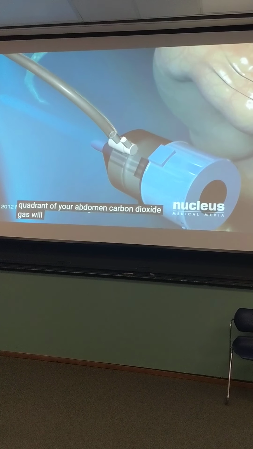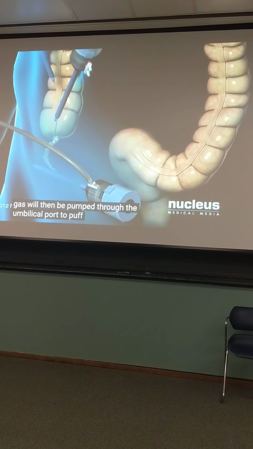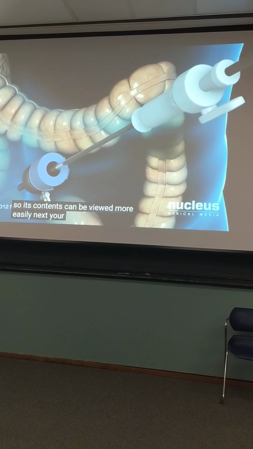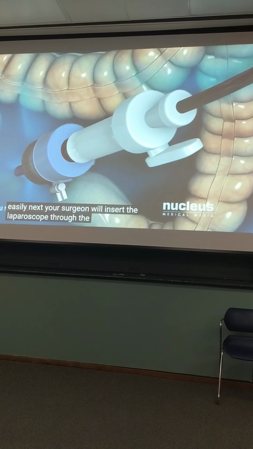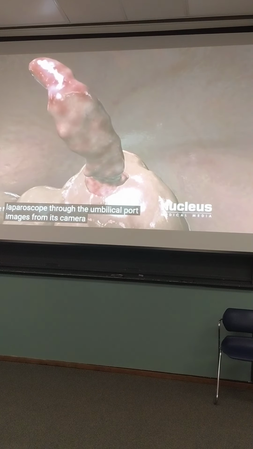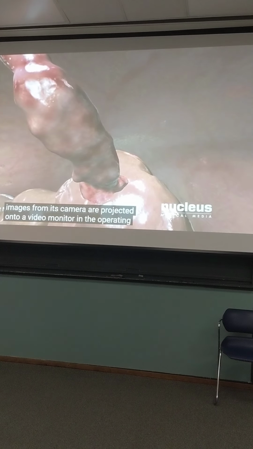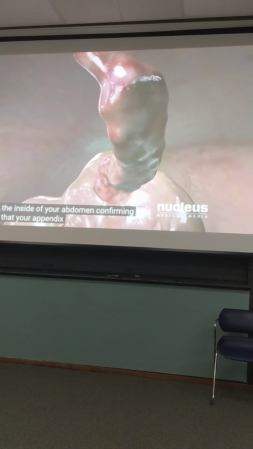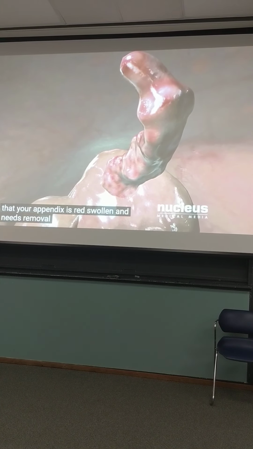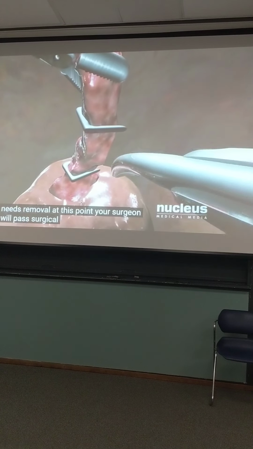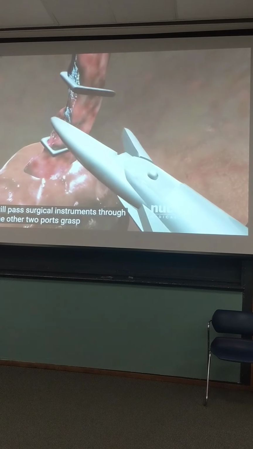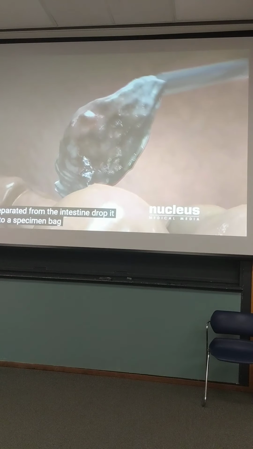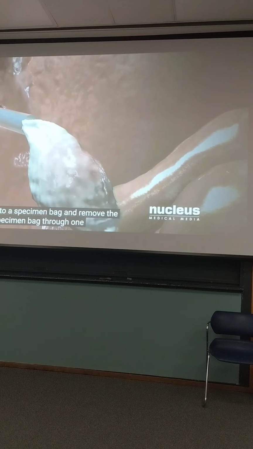Carbon dioxide gas will then be pumped through the umbilical port to puff up your abdomen so its contents can be viewed more easily. Next, your surgeon will insert the laparoscope through the umbilical port. Images from its camera are projected onto a video monitor in the operating room. Your surgeon will carefully examine the inside of your abdomen, confirming that your appendix is red, swollen, and needs removal. At this point, your surgeon will pass surgical instruments through the other two ports, grasp the appendix, separate it from the intestine, drop it into a specimen bag, and remove the specimen bag through one of the ports.